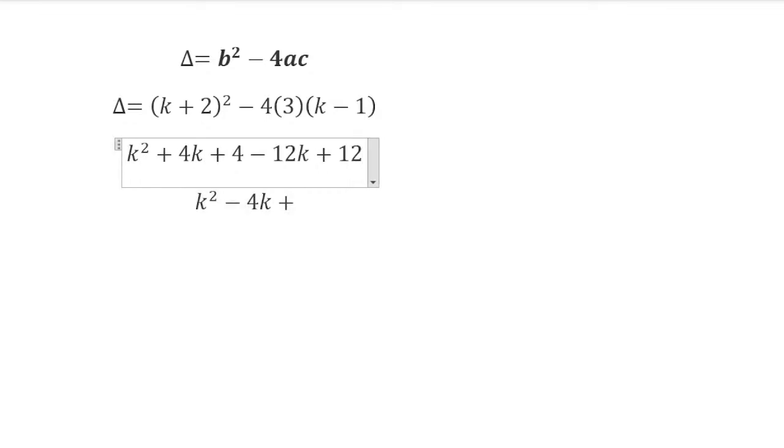Alright. Now let's add the like terms. Here we have 4k minus 12k, that will be negative 8k. Then 4 plus 12 is positive 16. Now let's simplify this.